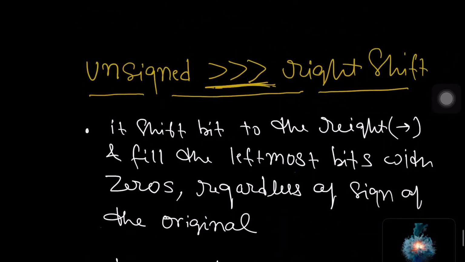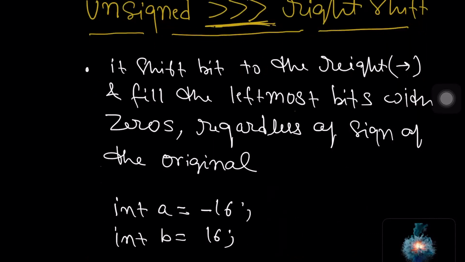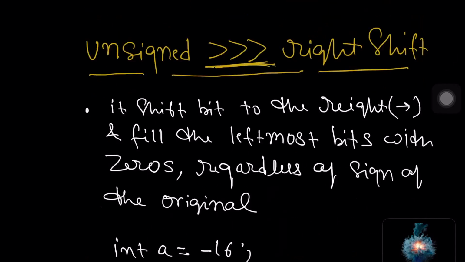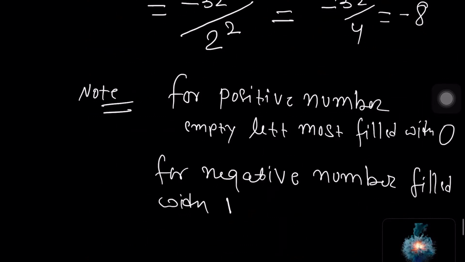Unsigned right shift. This is the last bitwise operator we are reading through, and then we'll be done with the operators. We'll see some examples. It shifts bits to the right and fills the leftmost bits with zeros regardless of the sign of the original. In normal right shift, if it's a positive number we fill with 0, if it's a negative number we fill with 1.